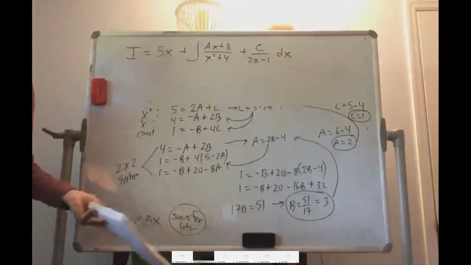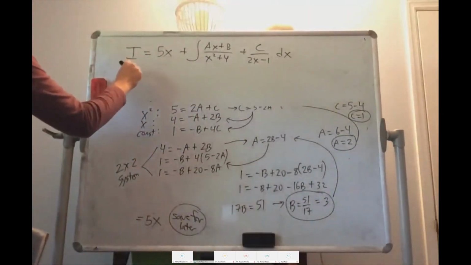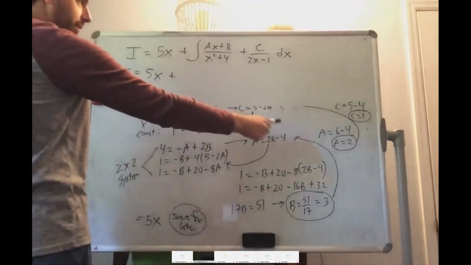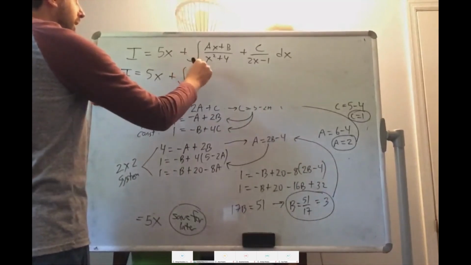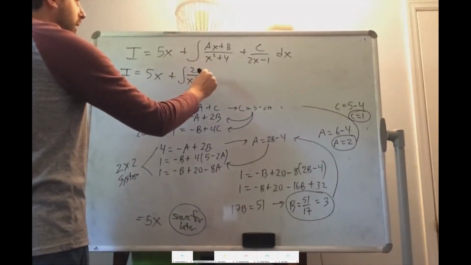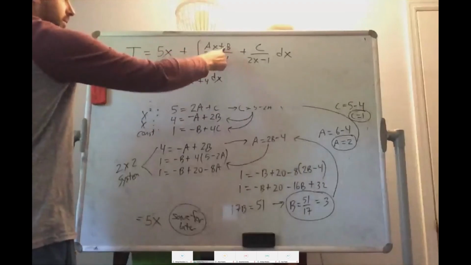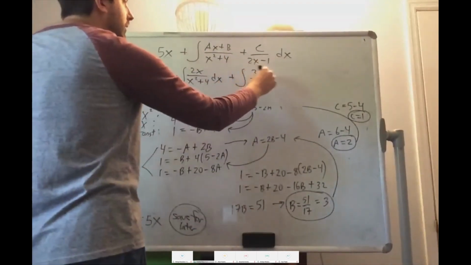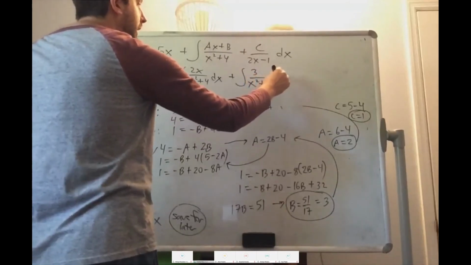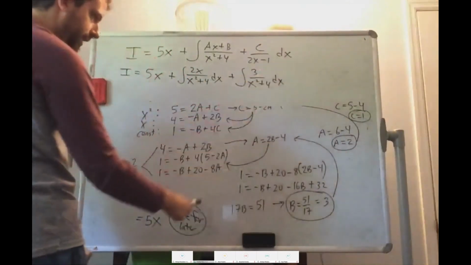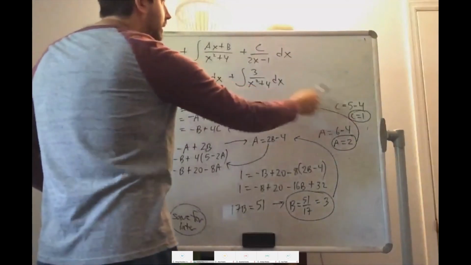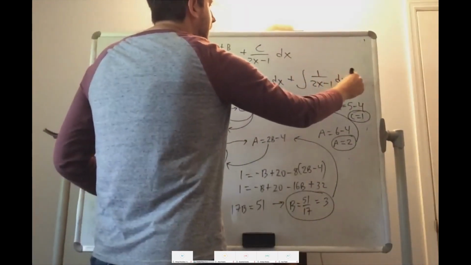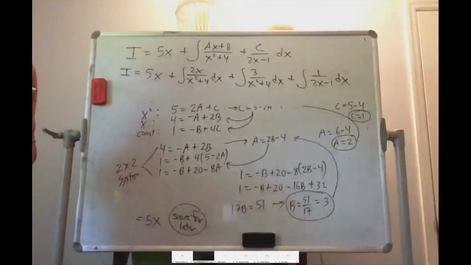Now I've got all those pieces, so my original integral is 5x plus the integral of 2x over x squared plus 4 dx, plus a separate integral, 3 over x squared plus 4 dx, and then c, which is 1, the third integral, 1 over 2x minus 1 dx. So that's all the baby little integrals.